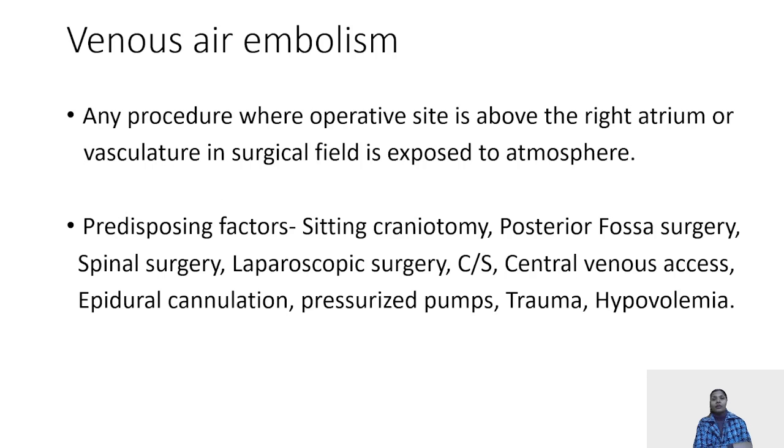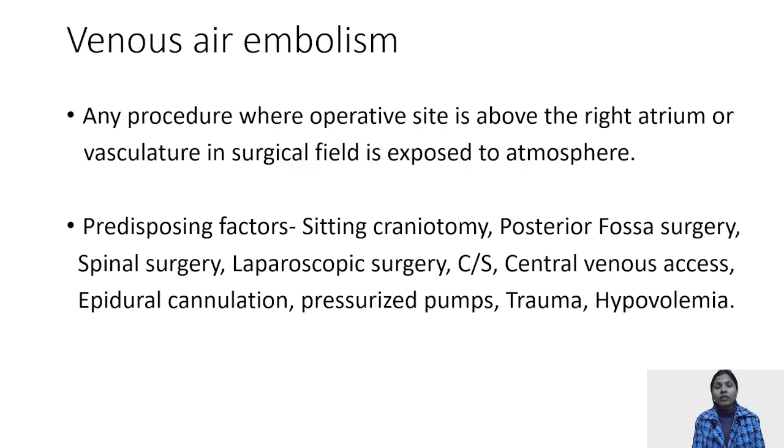Then yet another very important complication that occurs is venous air embolism. This occurs when your operating site is above the right atrium, or the vasculature in the field is totally exposed to the atmosphere. The predisposing factor for venous air embolism is when the patient is sitting and you have opened the brain and the surgical site is above that of the heart.